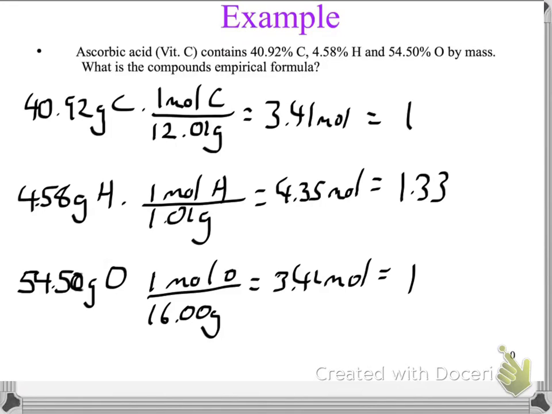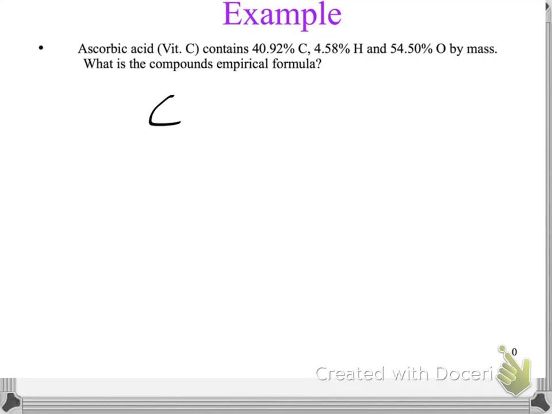And remember, if you found something with a 0.33 decimal, we multiply all of the moles in this mole ratio by a factor of 3. And you come up with, for carbon, C3, hydrogen H4, and oxygen 3. So this gives an empirical formula of C3H4O3 as our empirical formula.